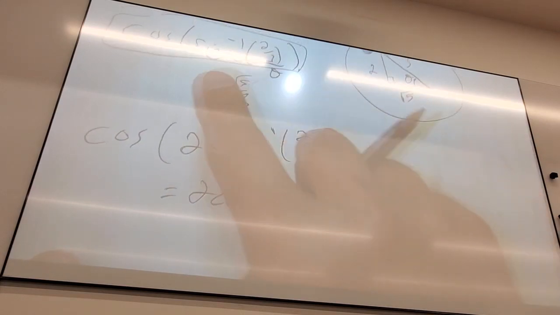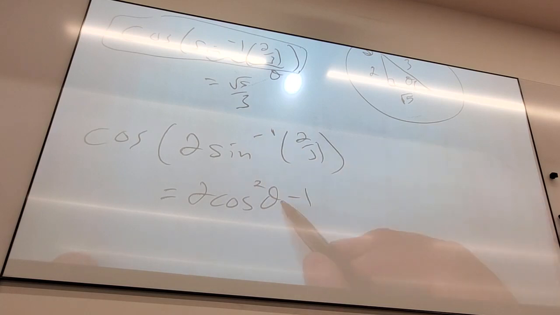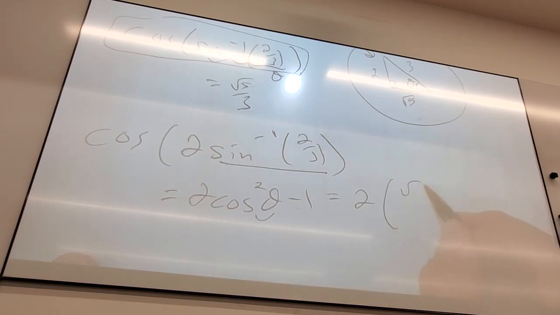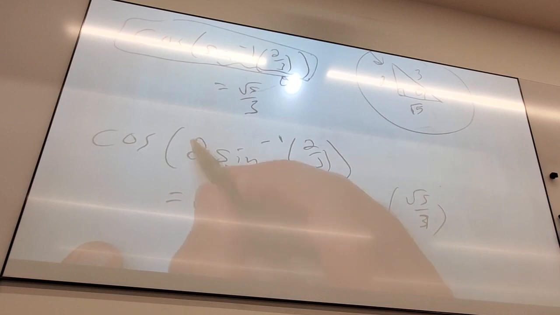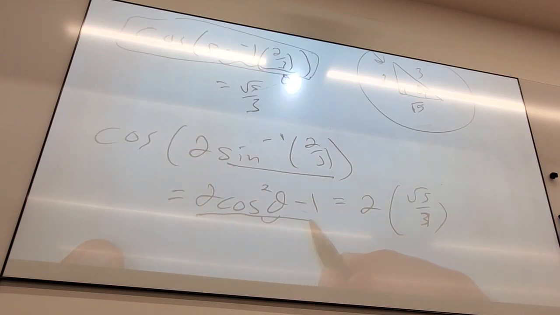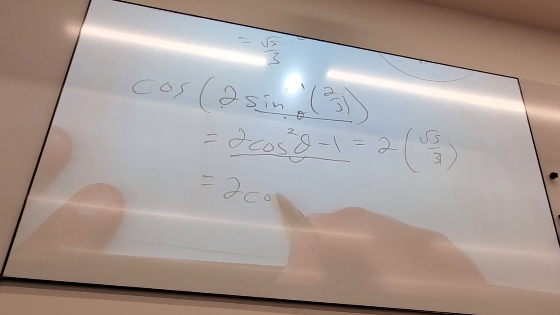Didn't we already figure out the cosine of this angle? So now I'm saying 2 cosine squared of this angle minus 1. Well, we already know the cosine is square root of 5 over 3. So if I rewrite using the identity for 2 theta, I get this. Let me write this a little bit more explicitly.